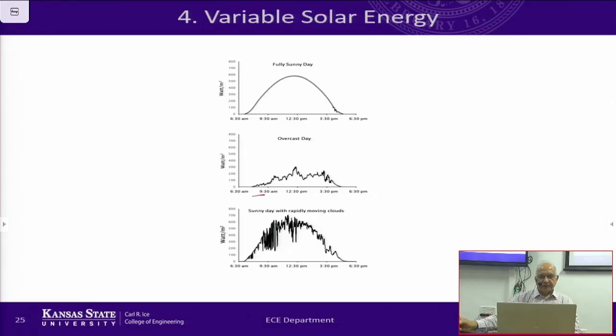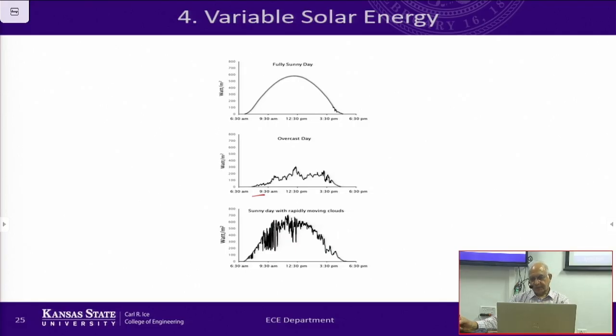On a partially cloudy day, you can have an output that looks like this. And a day which is very nice and sunny but has a lot of clouds moving back and forth has sharp ups and downs, so you could have a lot of fluctuation. How do you handle such fluctuations is the question.